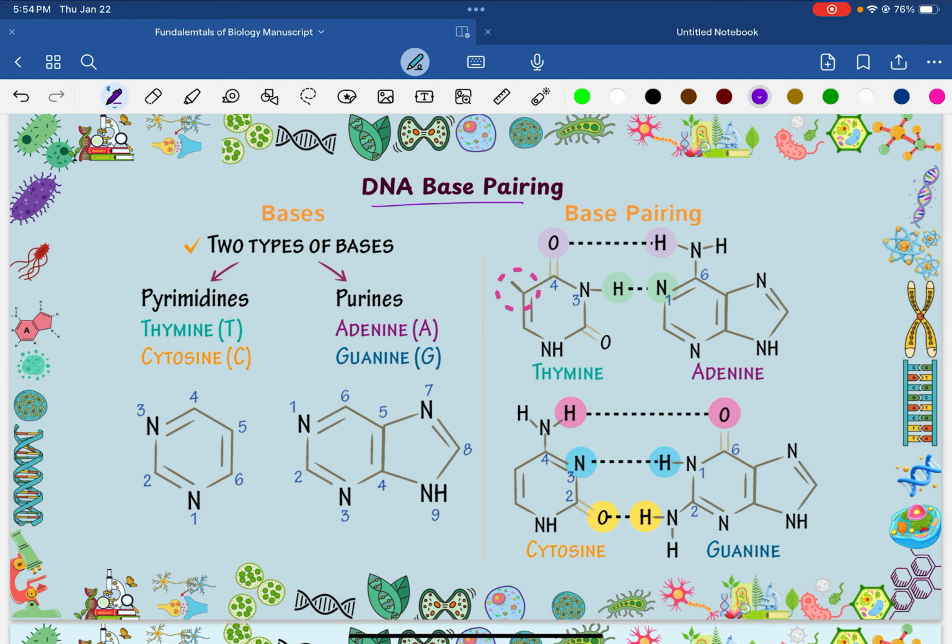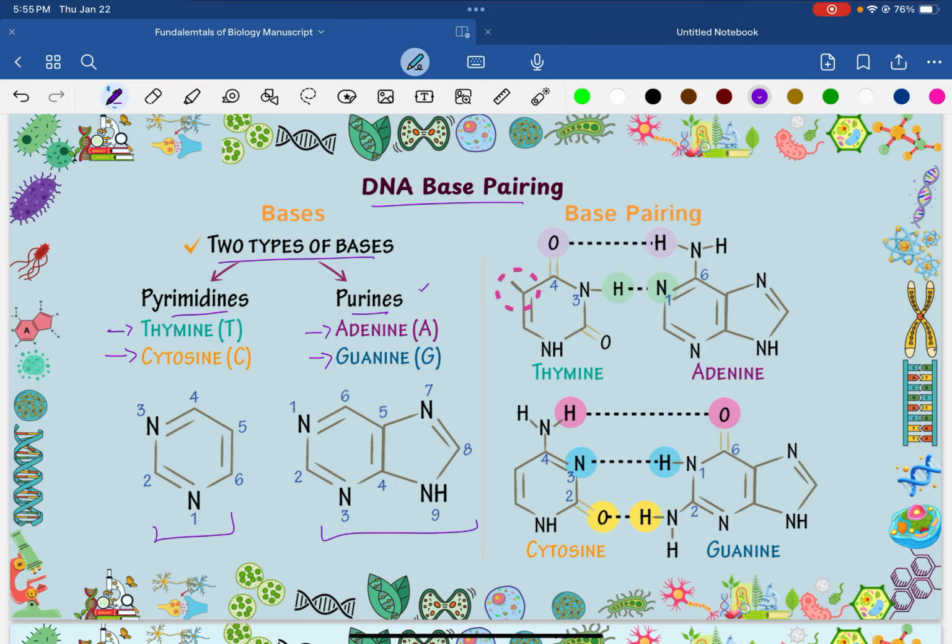So what is DNA base pairing? We have two types of bases in DNA: pyrimidines and purines. In pyrimidines, we have thymine and cytosine, while in purines, we have adenine and guanine. This is the structure of pyrimidine and purine.